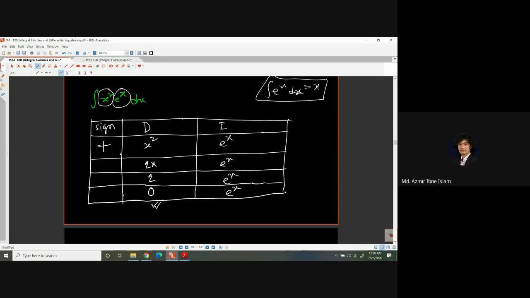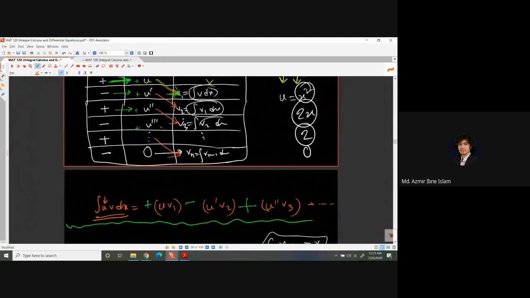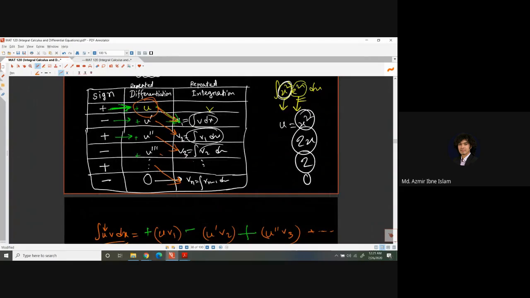Okay, now focus on the plus and minus sign. So always it will start with plus, then the alternating sequence will be negative, then positive, then negative. We are stopping here because we have 0 here. So what we have to do here, now we can see the first part will correspond with the second part, not with this one.